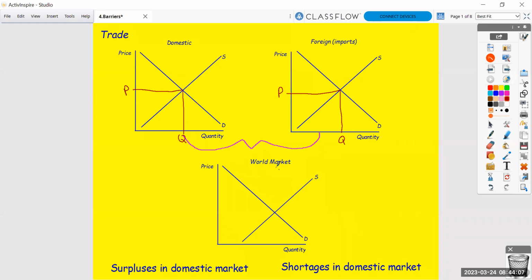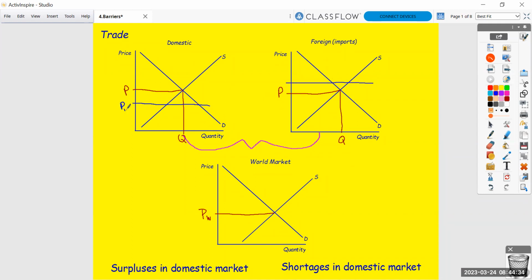So what we do with the world market is we basically put these two together into one market. Now, we have a world price that you see right here. This is the world price. And what happens in reality is that this world price is then put against the markets that we have here.